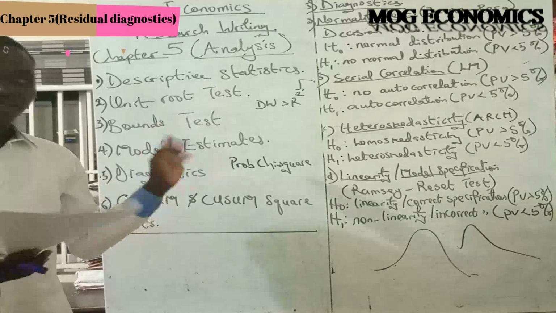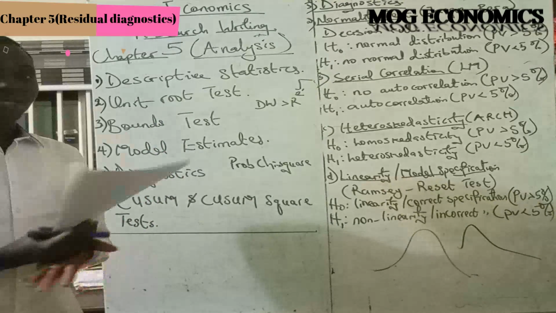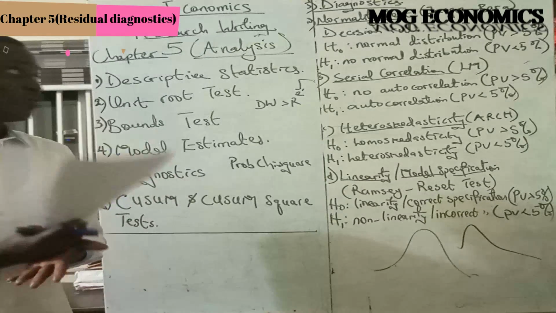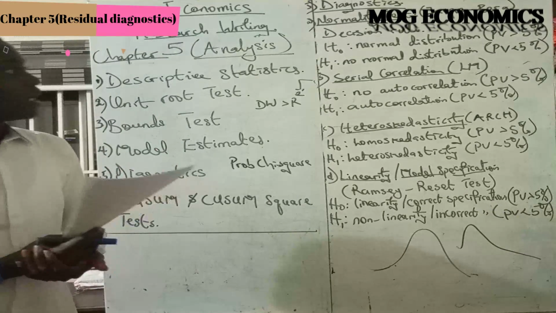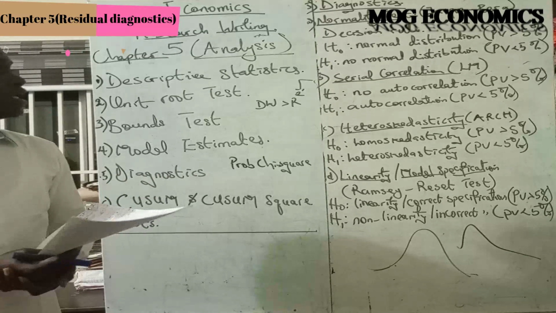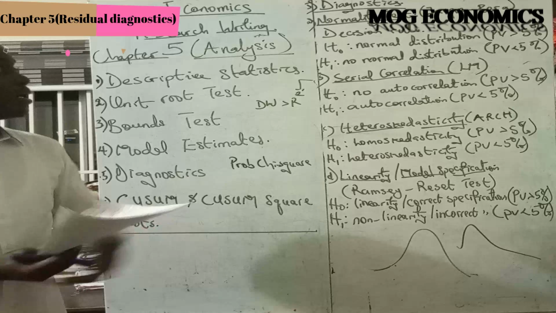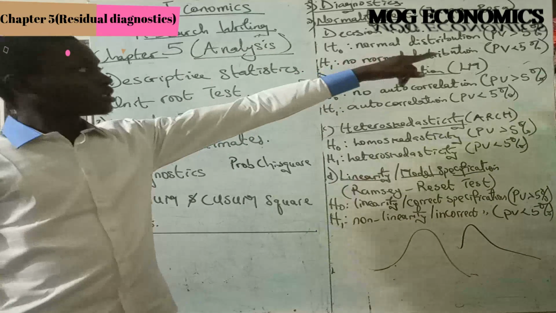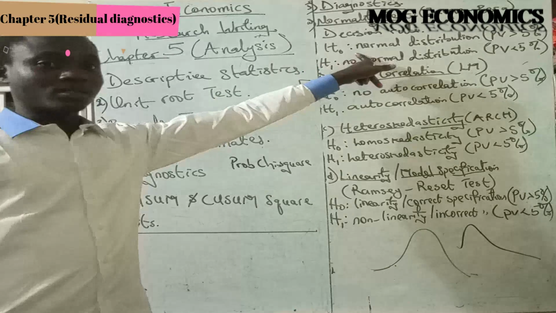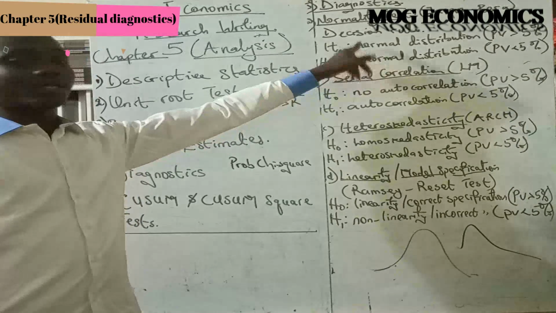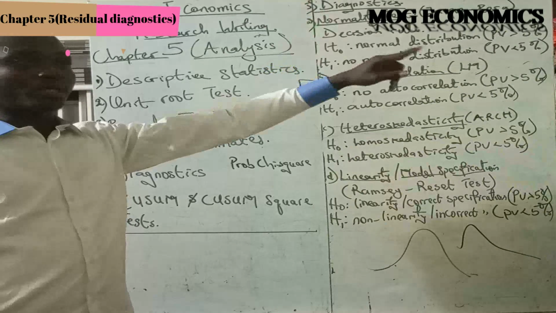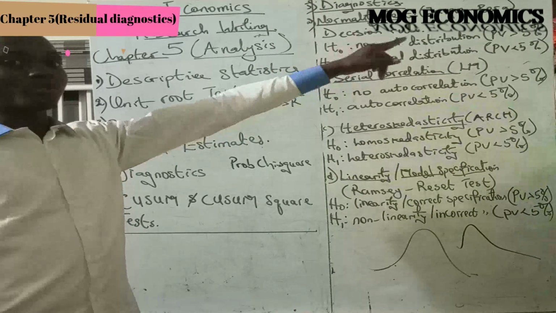It's the same thing as what we've been doing. If it is not significant, it simply means you will not reject the null hypothesis, which says that your residuals are normally distributed, or that your residuals follow a normal distribution.